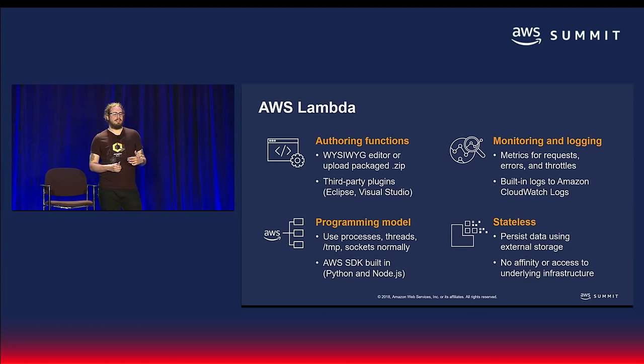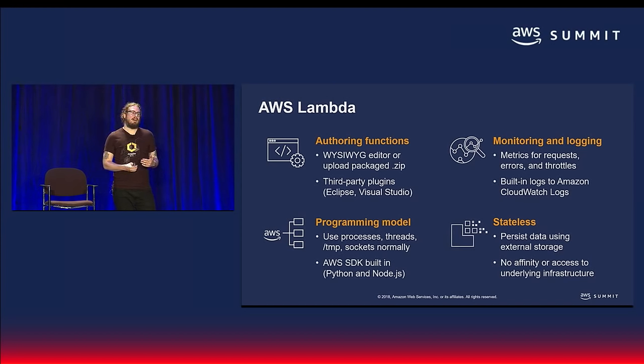The programming model is very similar to what you're used to using on a regular computer. You have processes available. Like I mentioned, you could put an arbitrary binary into that Lambda and execute it. You can use threads. You can use /temp. You can use WebSockets when you need them. And you can use the same AWS SDK that works on your local development machine or on VMs or containers.